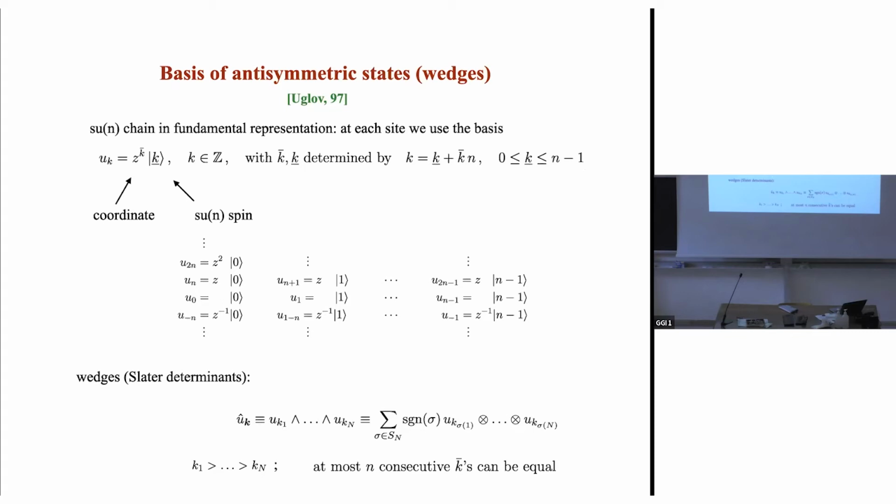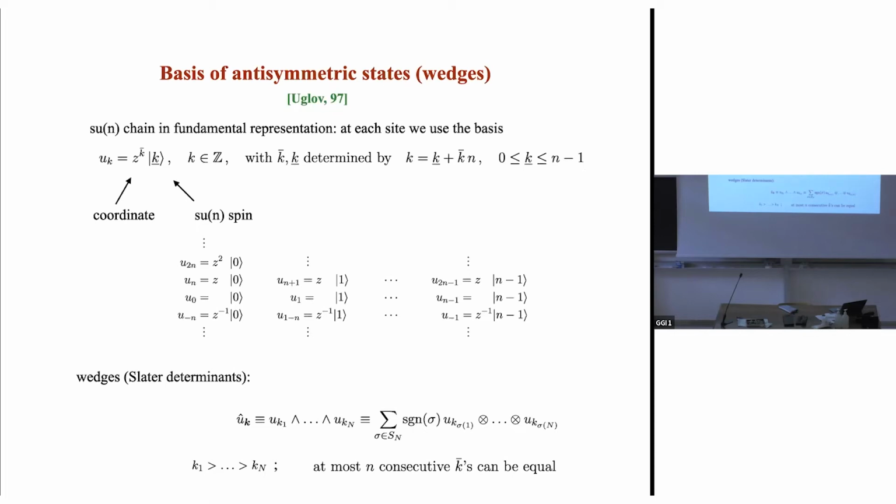You have n different types of states depending on spin. And if you want to consider a system of size n, you take an antisymmetric combination of these function vectors at each site.